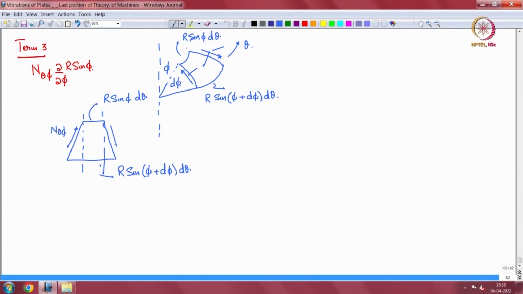Here it's in the positive direction, n theta phi plus del by del theta n theta phi d theta. Okay, and that's still a resultant.